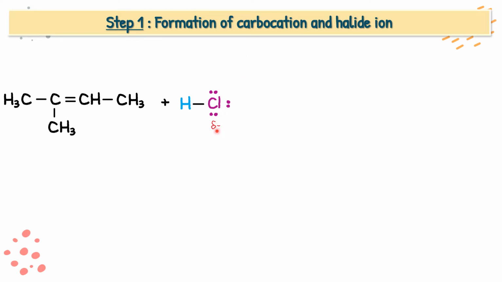So our chlorine is partially negative, the hydrogen is partially positive. So, the hydrogen-chlorine bond akan break dekat sini with the 2 electrons from the bond going to chlorine. Okay, so kita akan tunjukkan dia macam ni lah. And then, hydrogen akan jadi H+, an electrophile, and our carbon-carbon double bond over here.